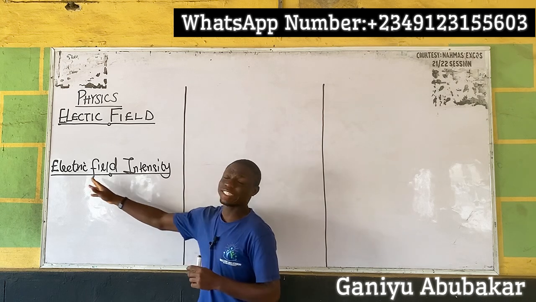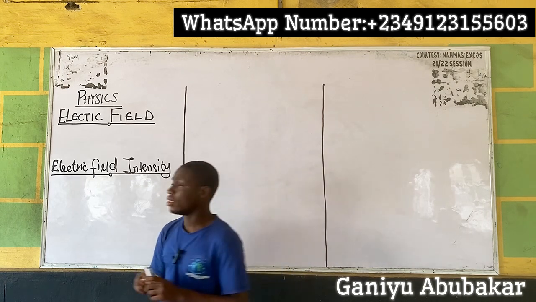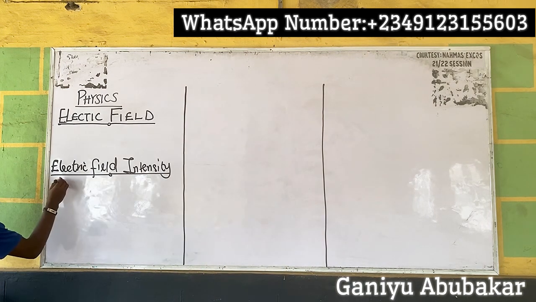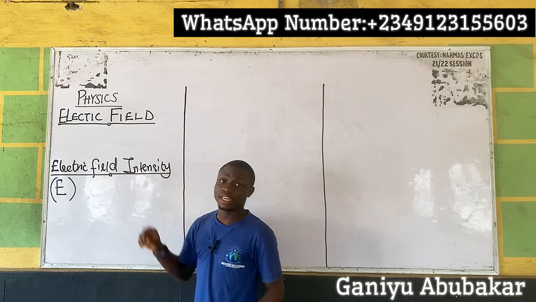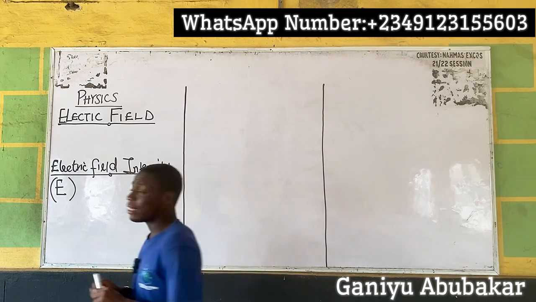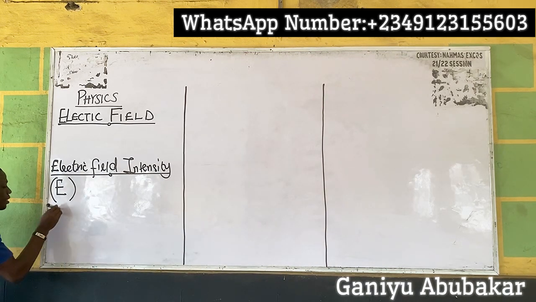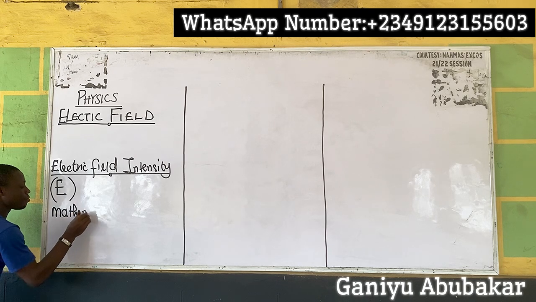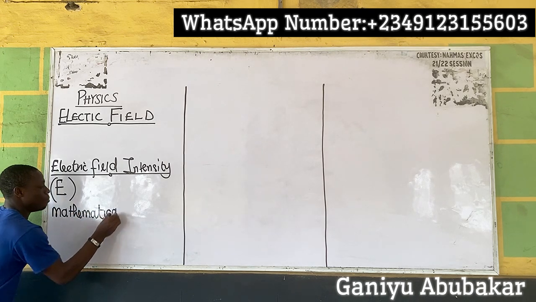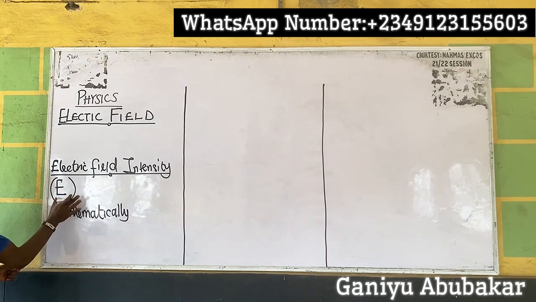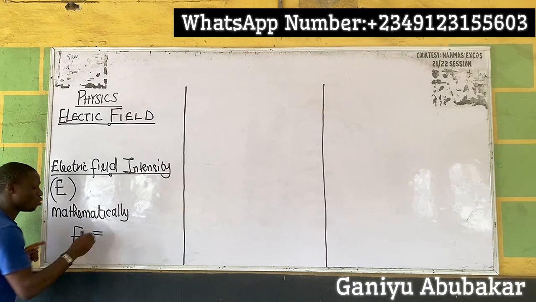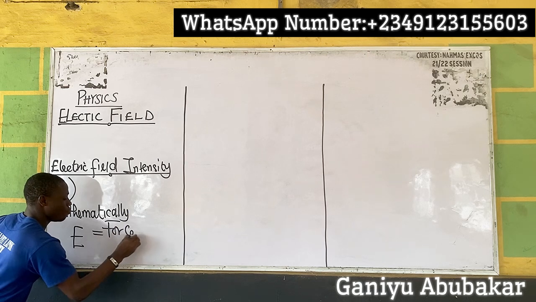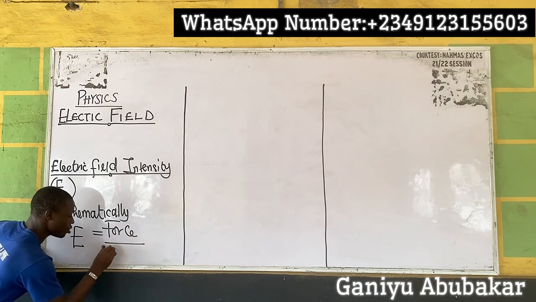So it's abbreviated by a symbol E. So electric intensity is represented by a symbol E. So E stands for electric field intensity in physics. So mathematically, I'm saying that electric field intensity, that is E, is equal to the ratio of force to charge.